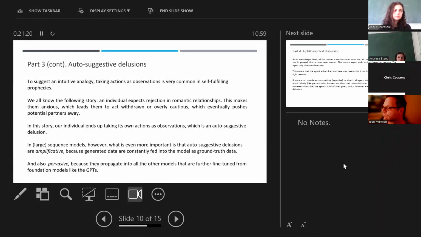Also, these auto-suggestive delusions are very pervasive because they propagate into all the models that are even more fine-tuned from the models that we can say are foundation models for those fine-tuned models, cascaded downwards.